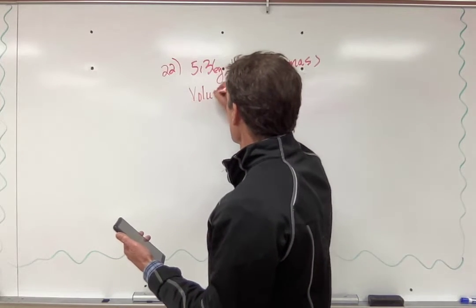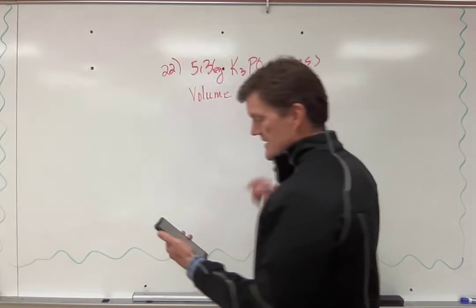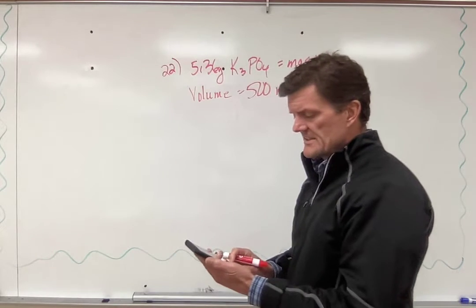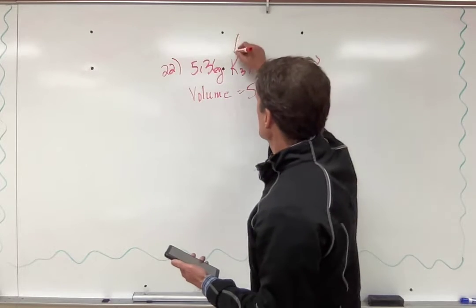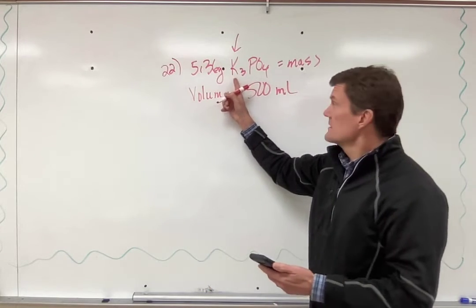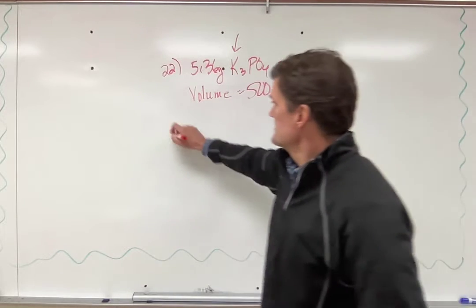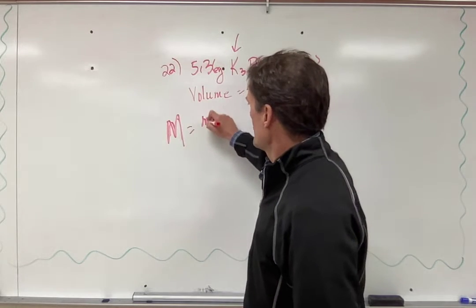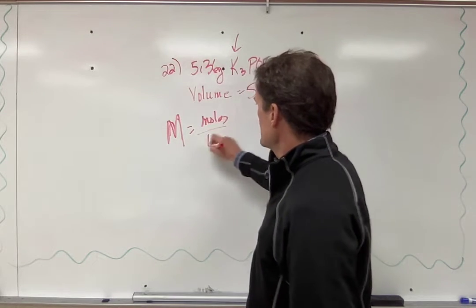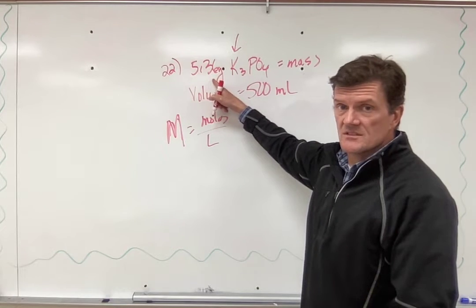Volume is 500 milliliters, okay? What is the concentration in molarity of K plus ions? Notice in here, there's K, okay? So here's what we need to do. Molarity, capital M, is moles over liters. I need to find how many moles this is.